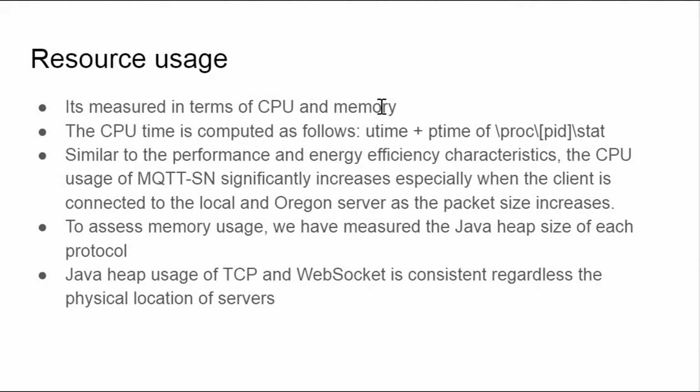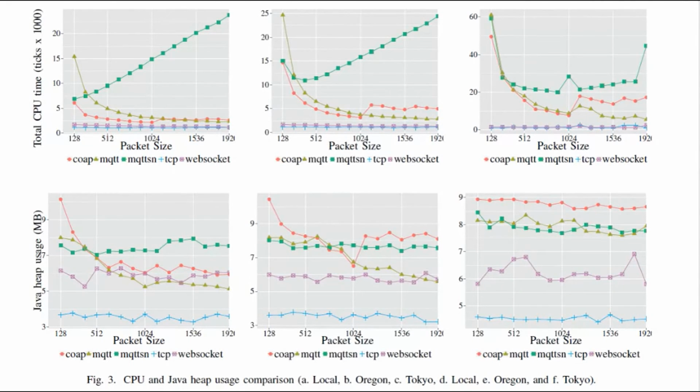Resource usage is measured in terms of CPU and memory. Similar to performance and energy characteristics, CPU usage of MQTT-SN increases when the client is connected to the local and Oregon server as the packet size increases. Java heap usage, which measures memory, is consistent regardless of physical location of servers for TCP and WebSocket.